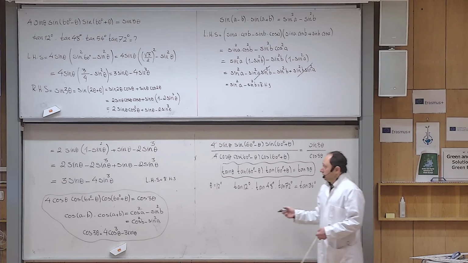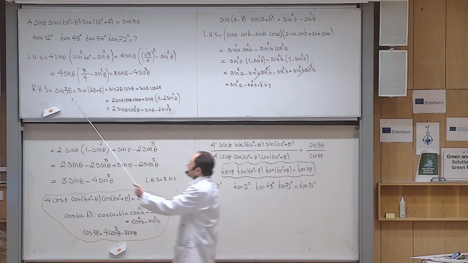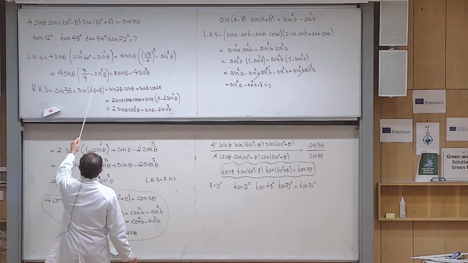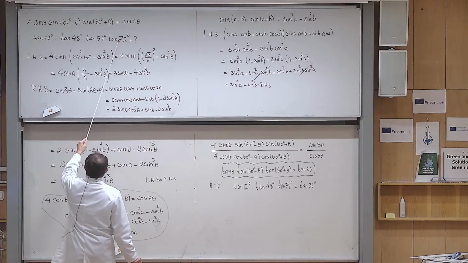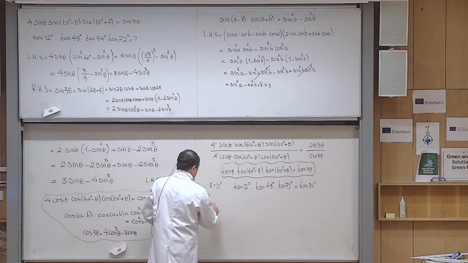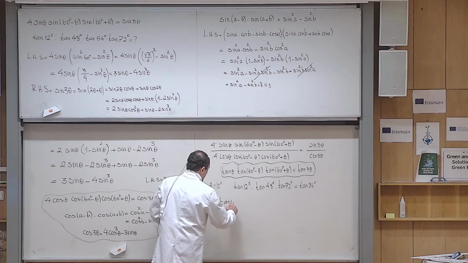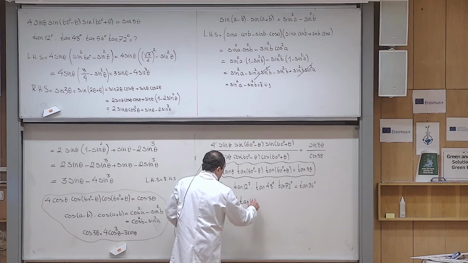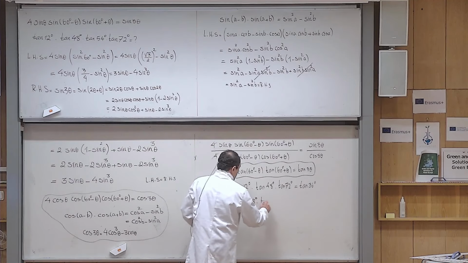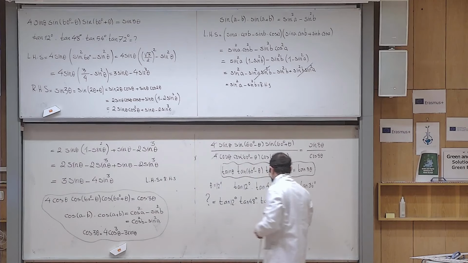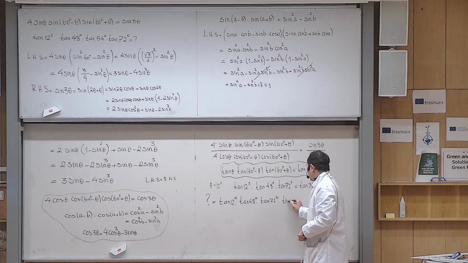But why is this useful? Because my question mark is this one. So if you don't mind, let me write them in a different order. I want to keep them next to one another and then this separately. So the question mark is tangent 12 degrees times tangent 48 degrees times tangent 72 degrees. But my question mark also includes tangent 54 degrees.